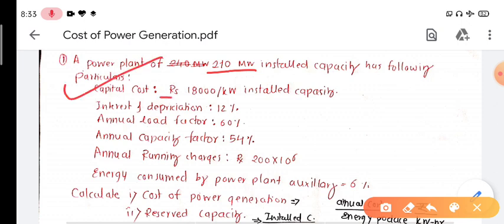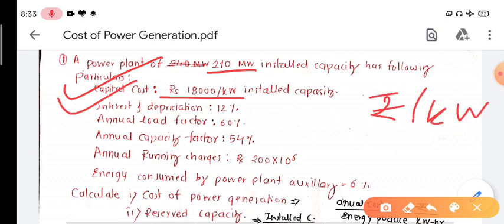Capital cost is rupees 18,000 per kilowatt installed capacity. That is how a capital cost is represented, as rupees per kilowatt. Interest and depreciation is 12%, annual load factor is 60%, annual capacity factor is 54%, annual running charges are rupees 200 into 10 raised to 6.